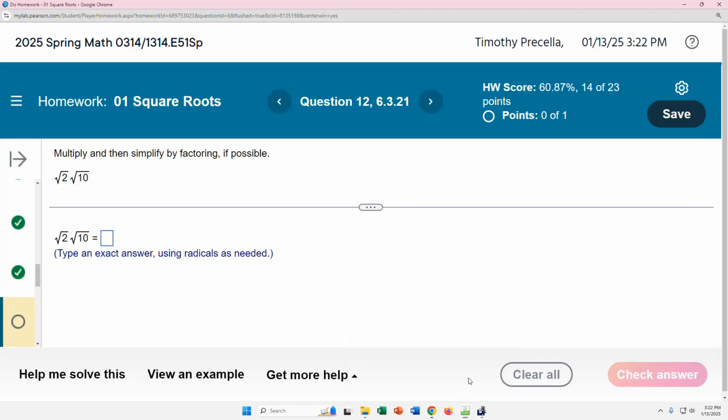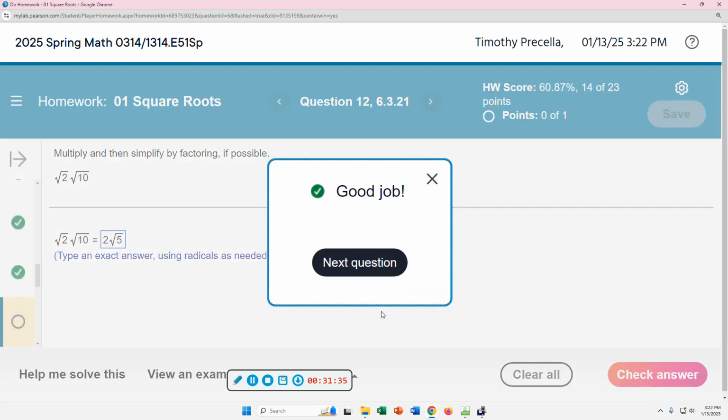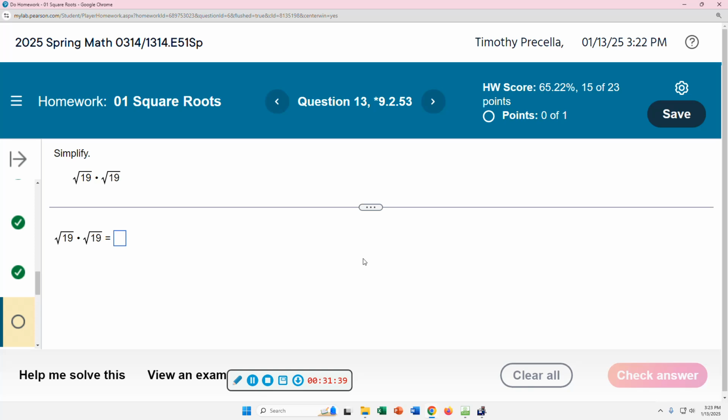What about number 13? Oh, I like this. The square root of 19 times the square root of 19.